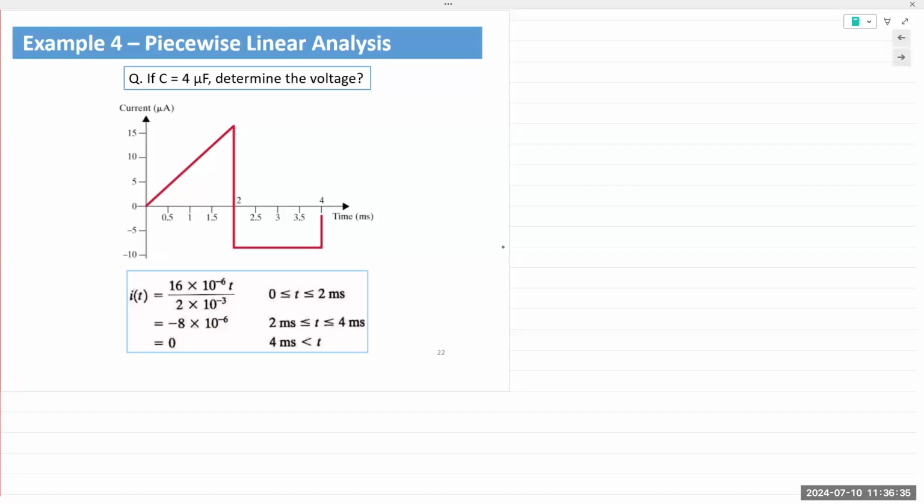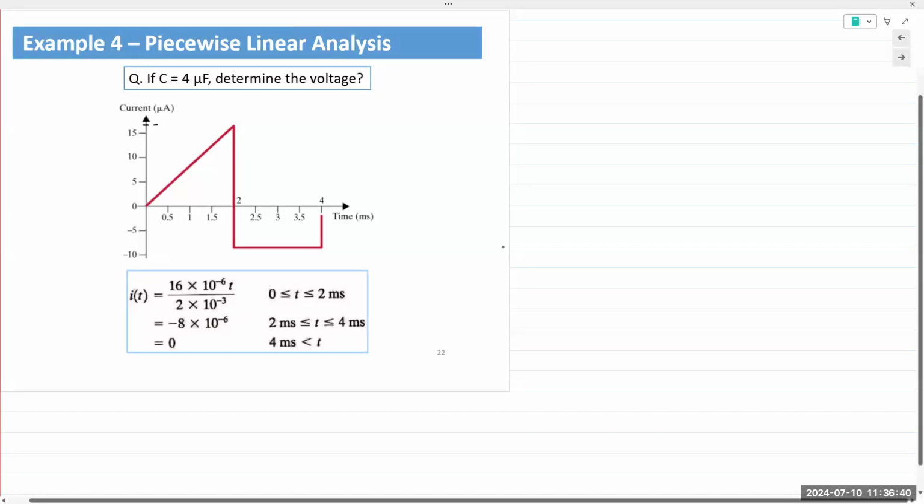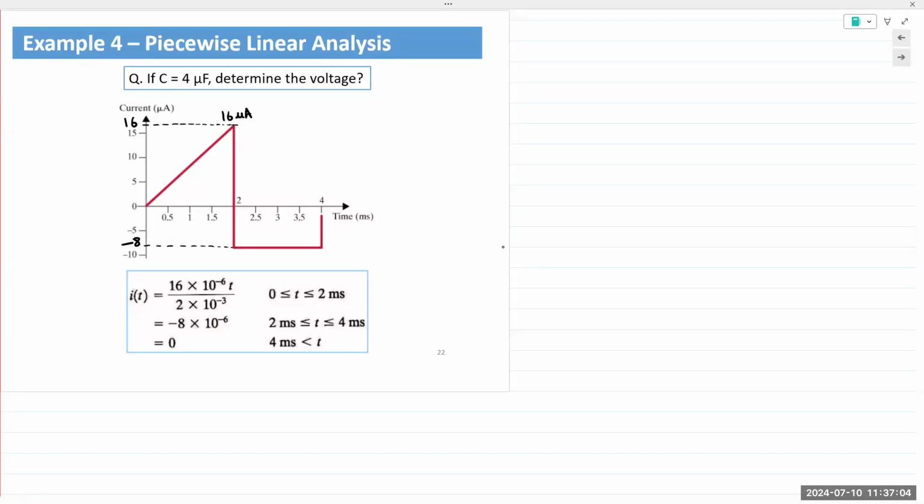It's not quite clearly shown, but let me start off by stating that this value is 16. So this is 16 microamps. And this right here is minus 8. So the top peak is 16 microamps. The bottom is minus 8.